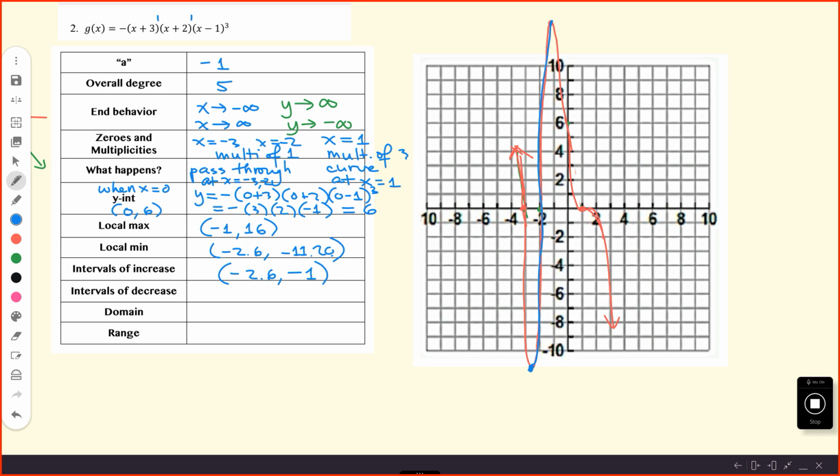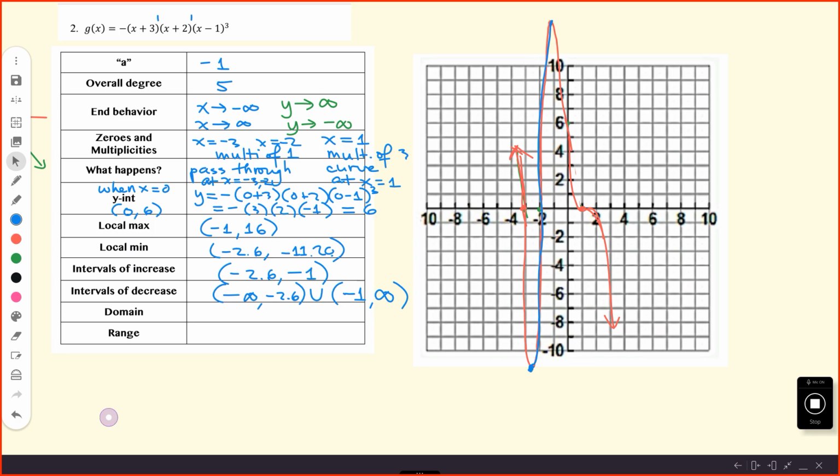So we got -infinity, comma, what is the minimum? -2.6. And since we have two, we're going to put a union, okay, union. What's the x value of the max? That's -1. And although it's going down, it's going to the right. We're only writing the x values, so it's going to go to +infinity.